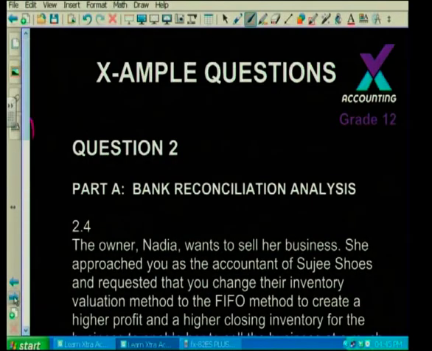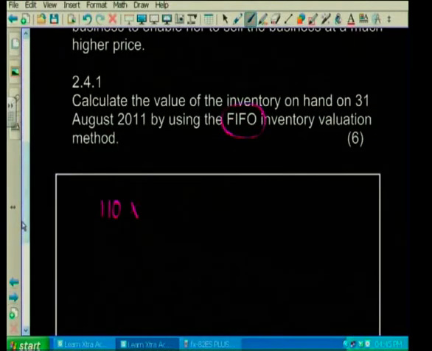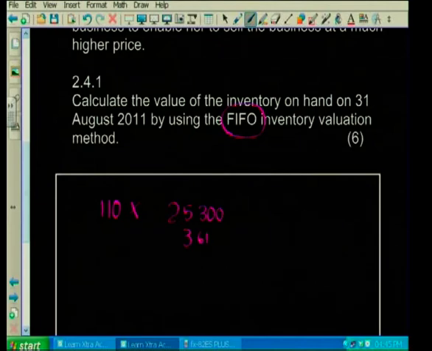So two amounts. What are my two amounts? 25,300 plus the 3,610. Okay, what have I done? I've catered for 110 pairs. That's it. But I need to cater for a total of 140 pairs because that is what is left over.